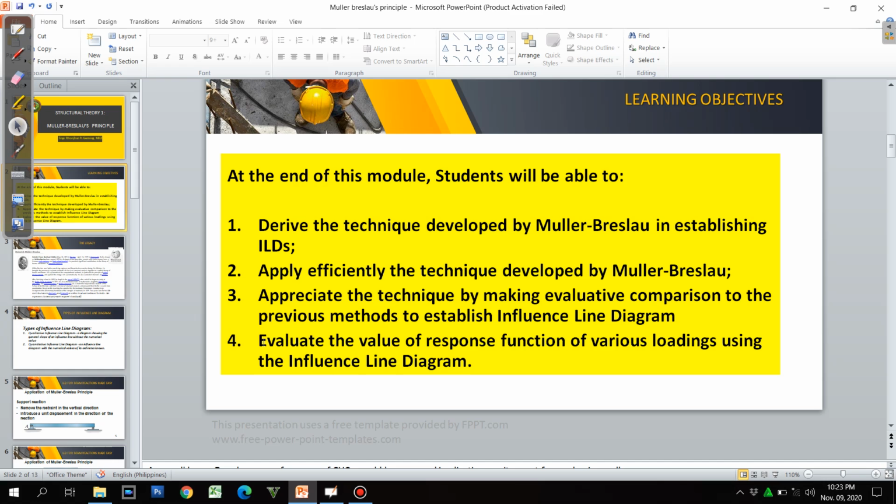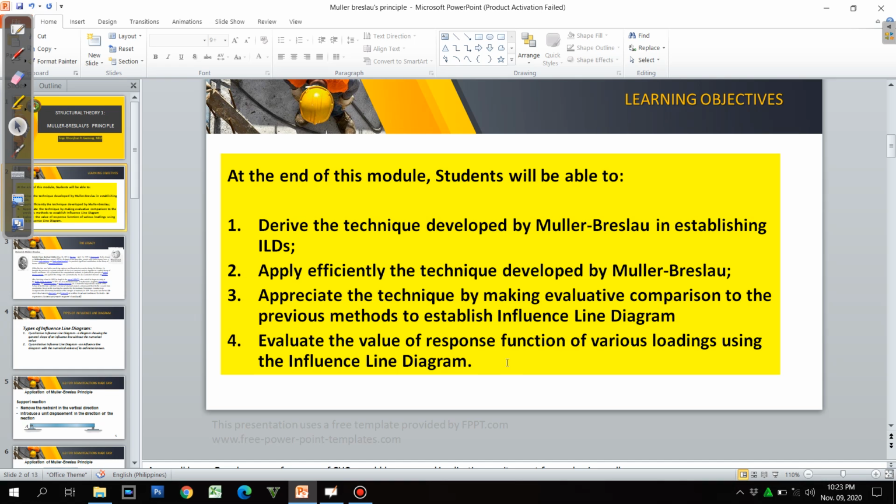So moving on to the fourth learning objective, we have evaluate the value of response function of various loadings using the influence line diagram. So we have actually established the influence line diagram using a unit load.